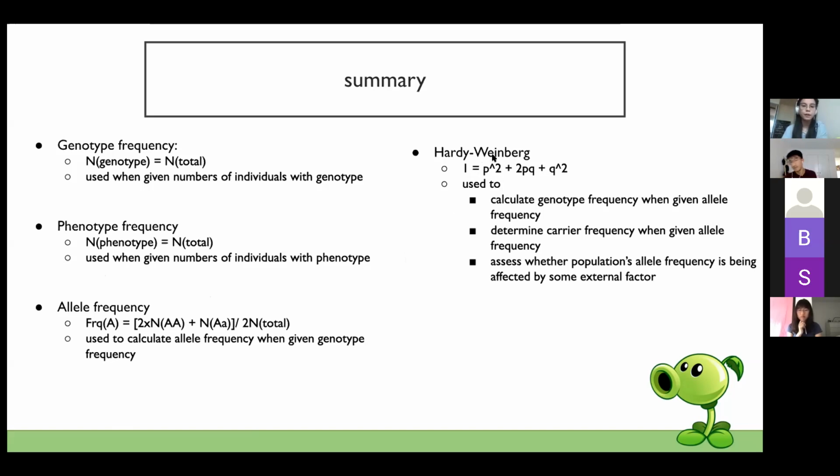The entire population can't go past 1, so all of the genotype frequencies should add up to 1. Does that make sense? Yeah. If it's not 1, it means it's changed, there's more alleles, something else being introduced.